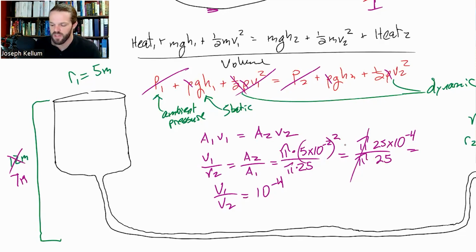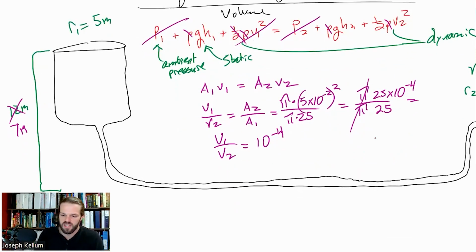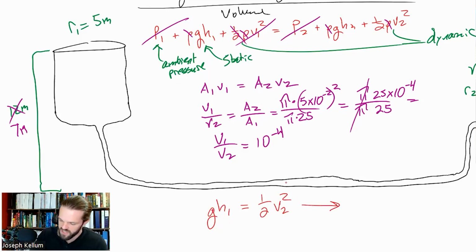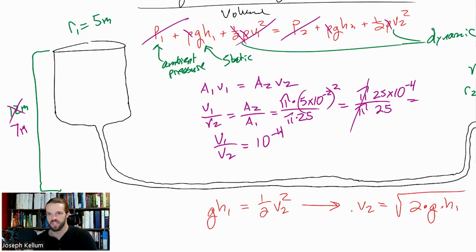And so then what we're left with is, and remember Shane saying this was important, G times H1 is equal to 1/2 times V2 squared, which comes out to be V2 is equal to radical 2 times G times H1. So it's like literally the same problem.